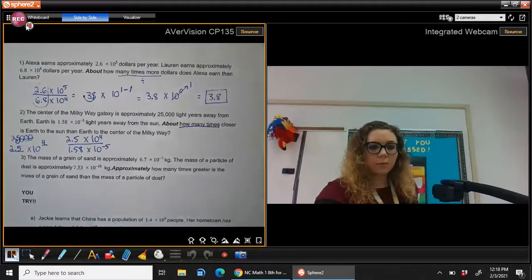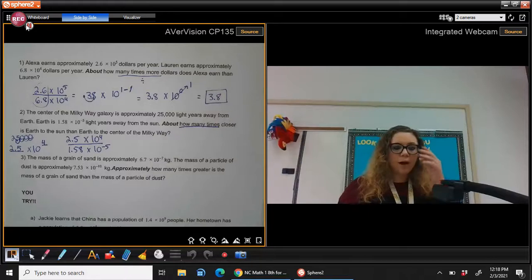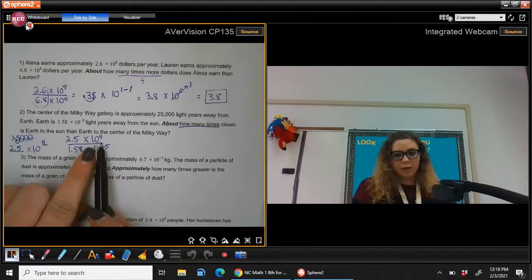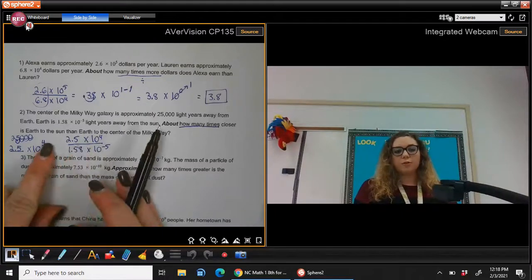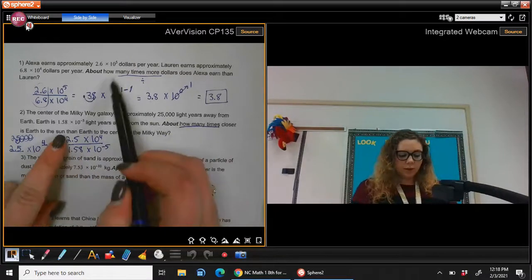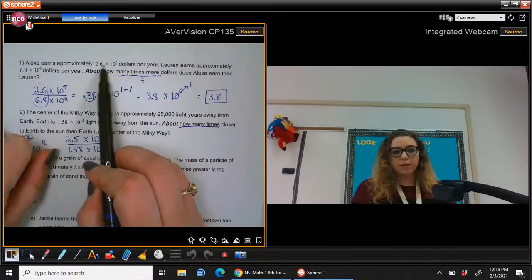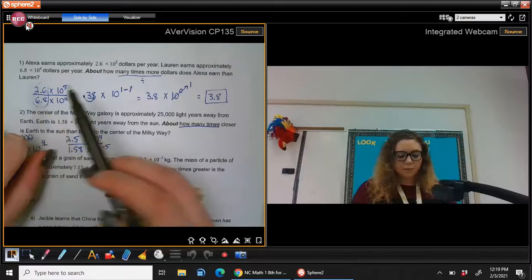And you might ask me, why do we put this on top? Well, look at the exponents. Which one has the larger exponent? This one does. So you're going to put this one on top. If you looked up here, which one had the biggest exponent? This one did, so that's why this was on top.